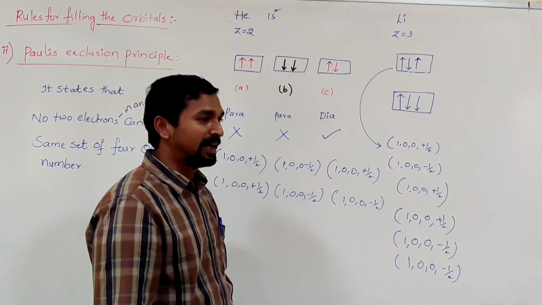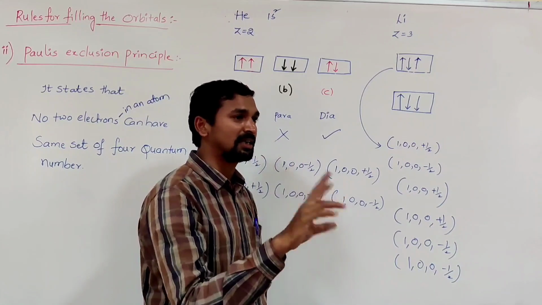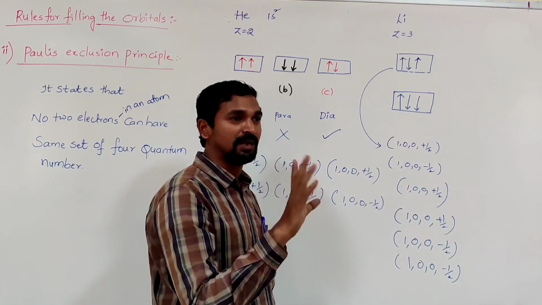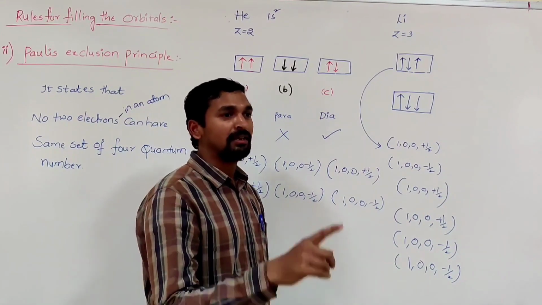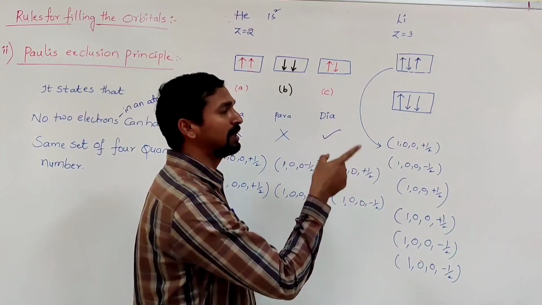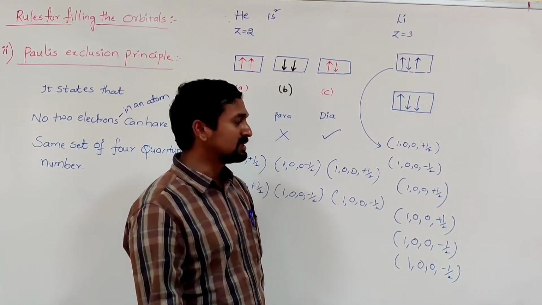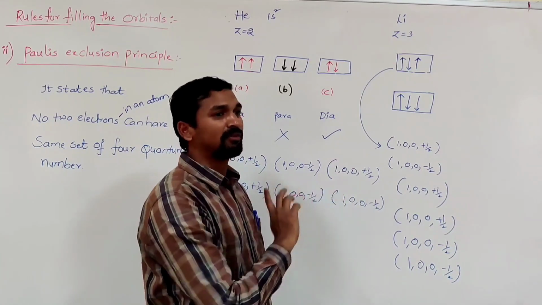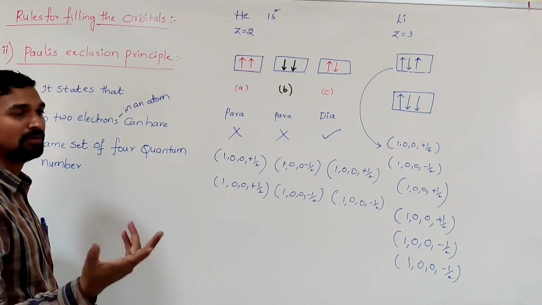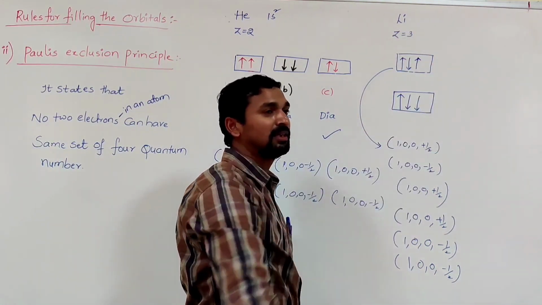If you are arranging the third electron in the same orbital, the first electron I can arrange, the second electron goes to the same orbital, and if the third electron also goes to the same orbital, definitely the third electron's quantum numbers must be the same as those of one of the other 2 electrons in that orbital. Whenever they have the same set of quantum numbers, does it obey Pauli's exclusion principle? No. That's why it is not possible to arrange the third electron in the same orbital.